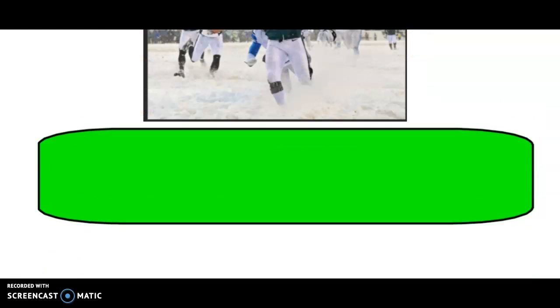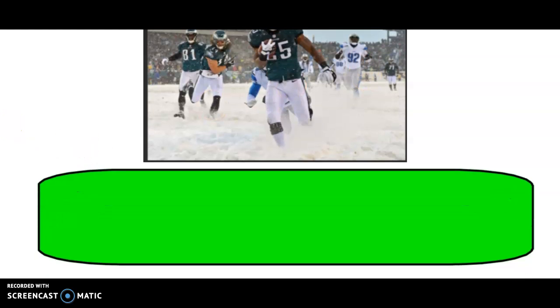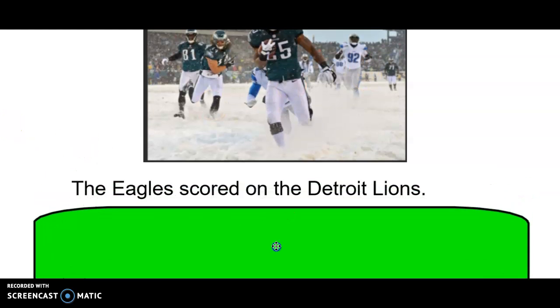Okay, so my last example is going to show the Philadelphia Eagles here scoring on the Detroit Lions. So my sentence might say something like, the Eagles scored on the Detroit Lions. So Eagles is going to be my subject.